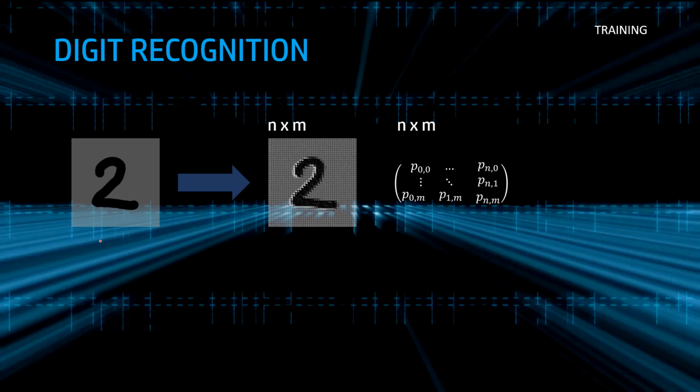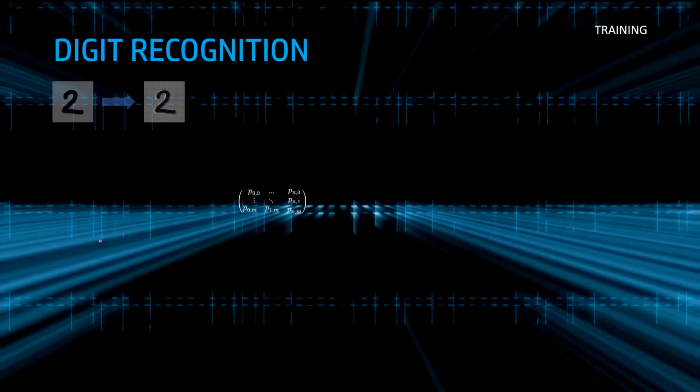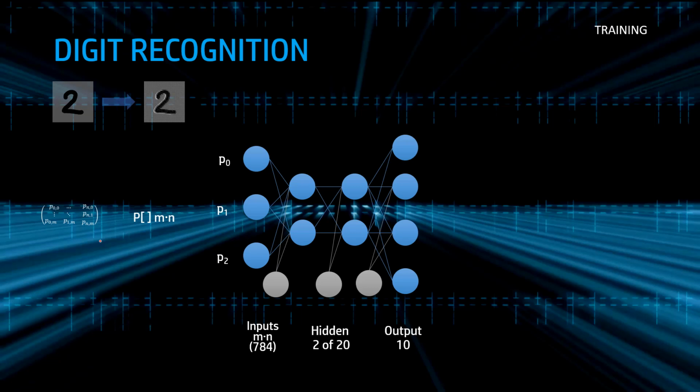This matrix will have the positions of the pixels for later rendering each pixel. This matrix will then be converted into a linear array of m times n length, and we will assign this array to the first input layer of our neural network.